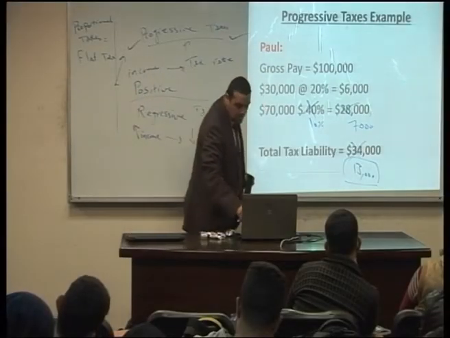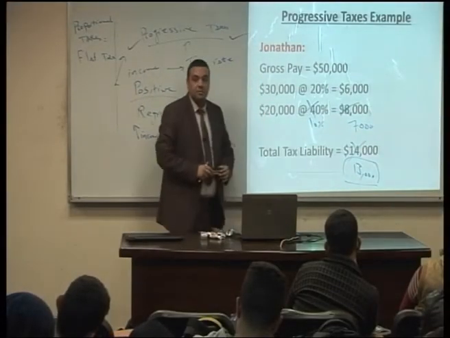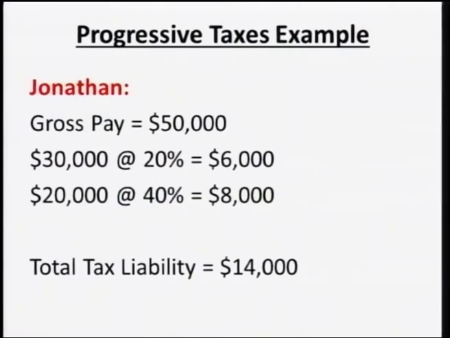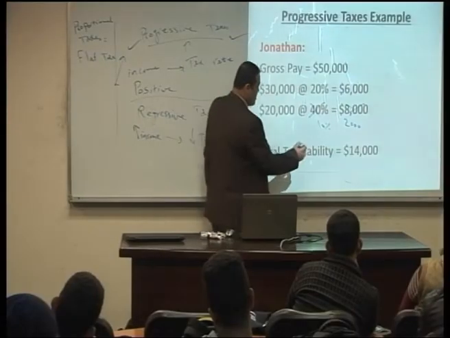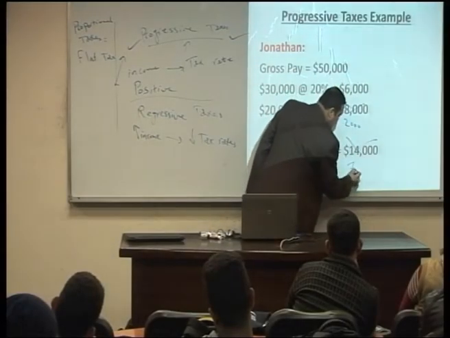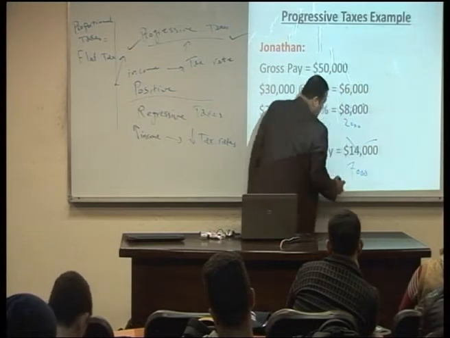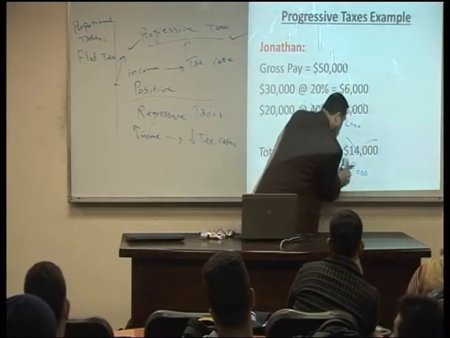What about Jonathan? 20% on the first part, which is still the same. Here 10% gives 2,000 instead of 8. So the total here is 8,000.